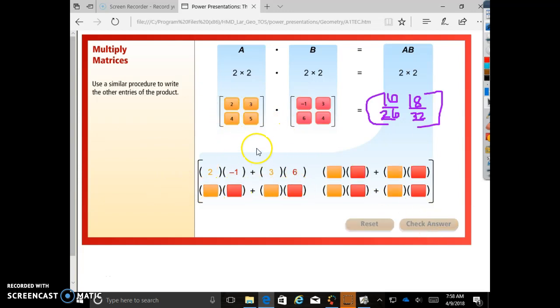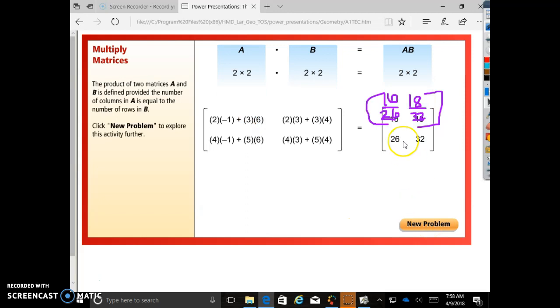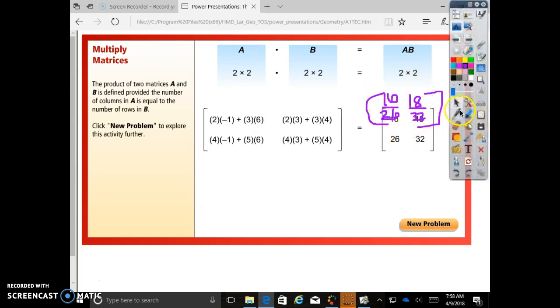All right, so row 2, column 1, row 1, column 2, row 2, column 2, and is this what we got? Yep.